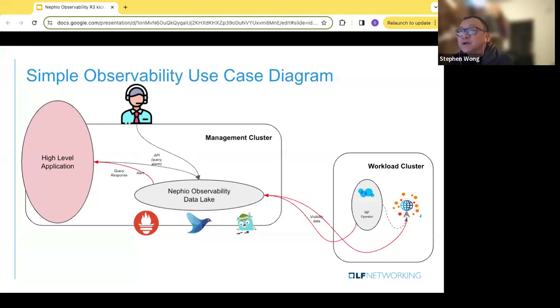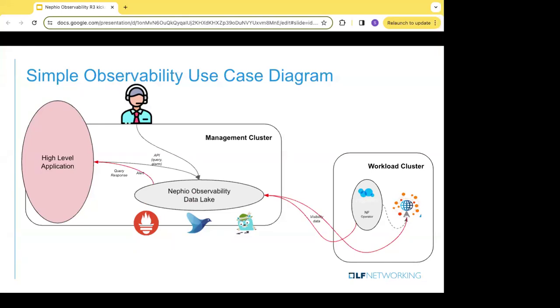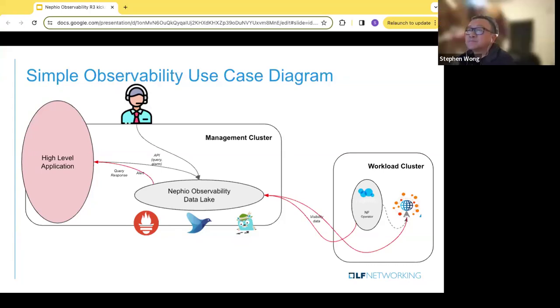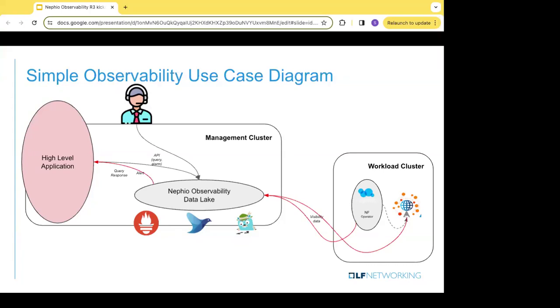Subhash? Yes, Stephen. I also echo the same thoughts as Peter. In service assurance, we are trying to create one actor pod that would be responsible for taking actions on those NFs. Based on the use case or the real-time requirement, we are planning to keep it either in a workload cluster or in a management cluster.